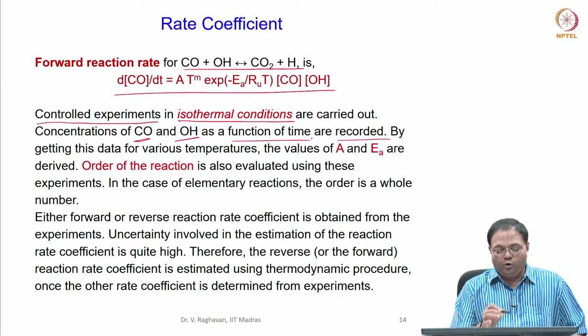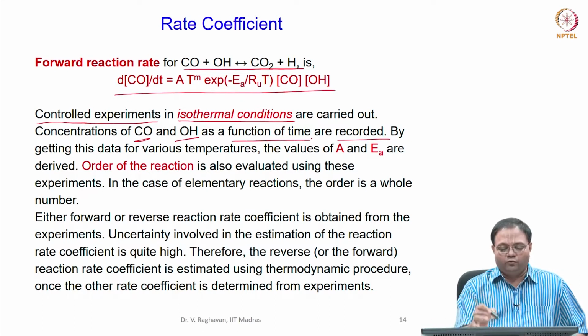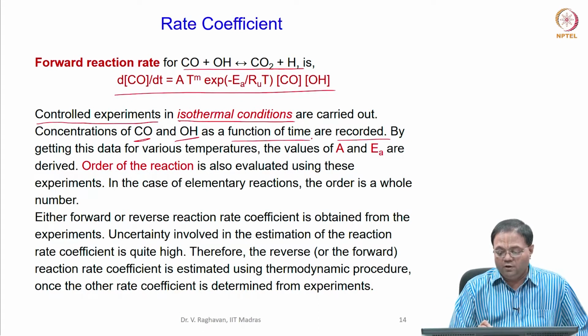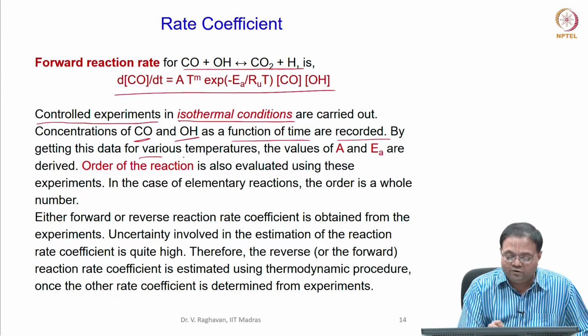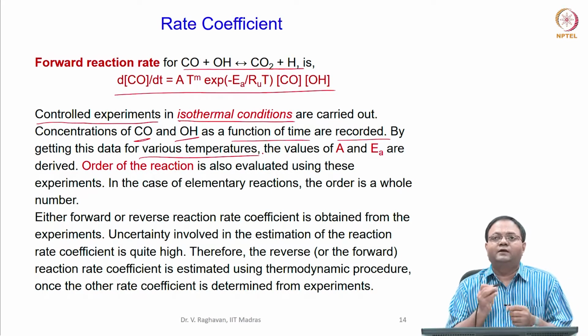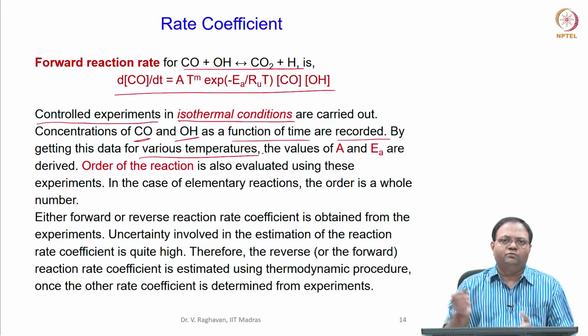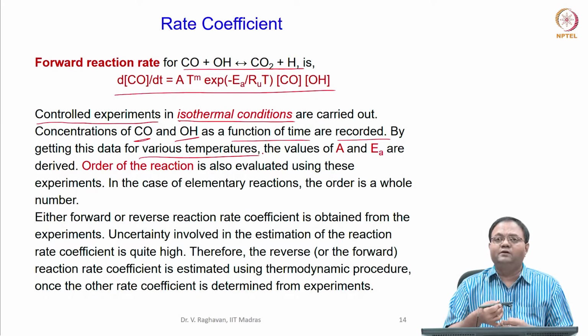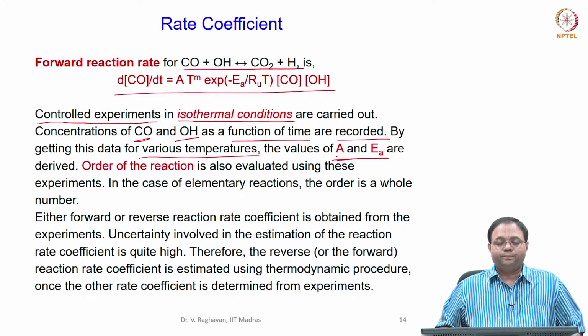So, we know the rate at which the concentration of CO reduces and the concentration of OH reduces with time. Any one is enough for us basically. By getting the data at various temperatures, say 800, 900, till say 2000 Kelvin, once you get this data, you can plot the curve to extract the values of A and EA.